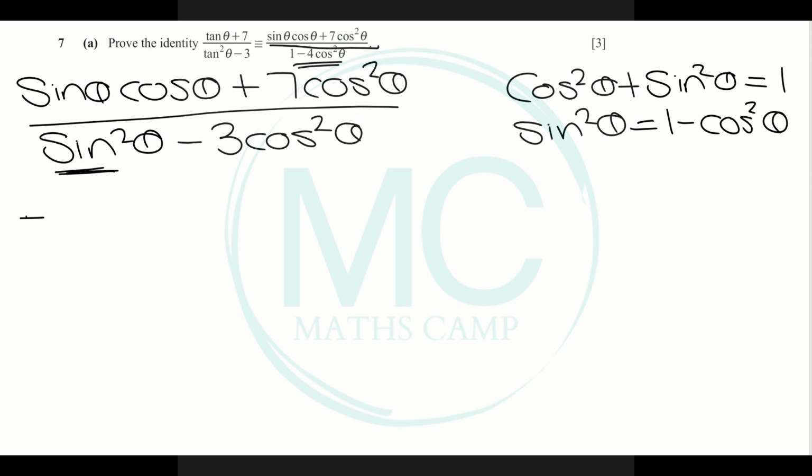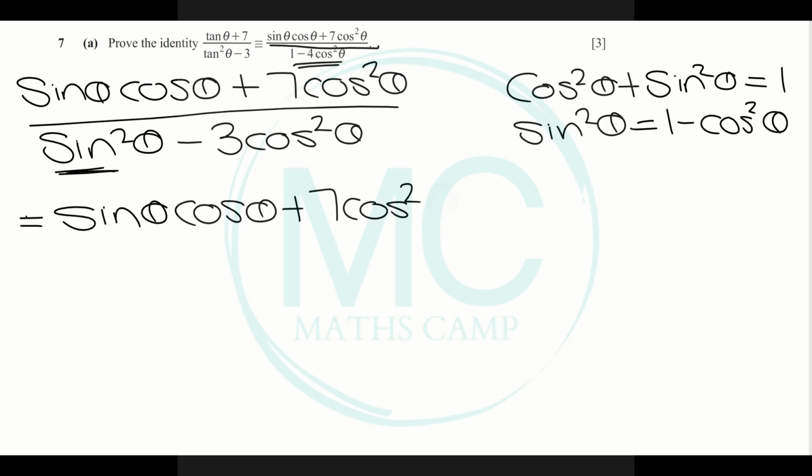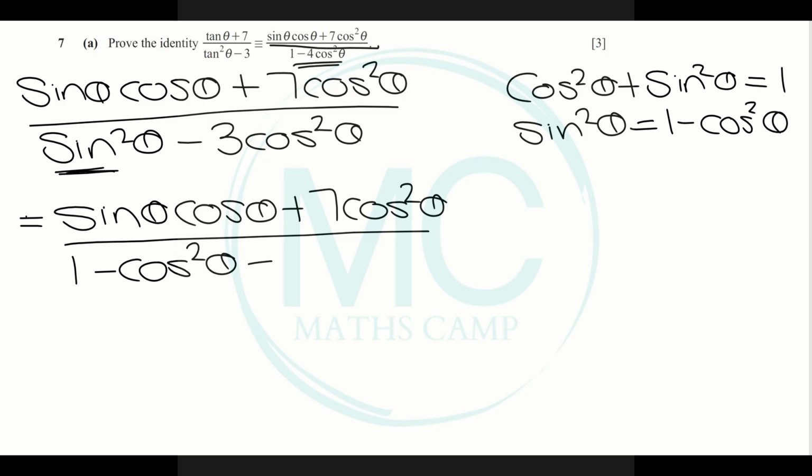So now, in our numerator, we have sine theta cos theta plus 7 cos squared theta all over. Instead of sine squared theta, I'm going to use 1 minus cos squared theta. So 1 minus cos squared theta minus 3 cos squared theta. And now I can tidy up like terms.